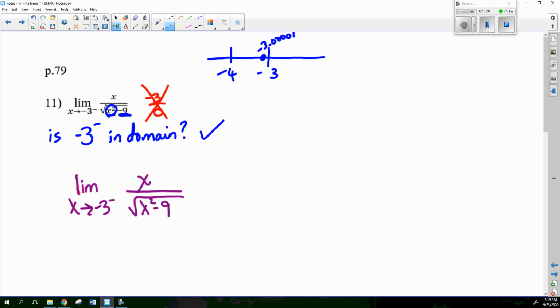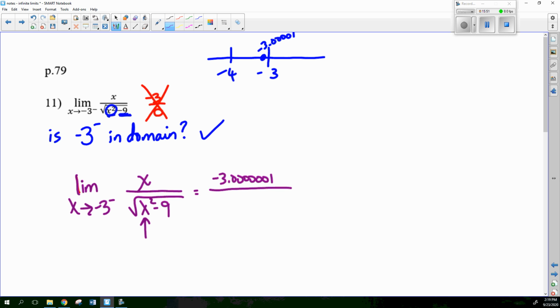Remember, we are going to plug in something a little bit to the left of -3. It's super tiny and close to -3, so you could actually just put -3 on top and you'd be fine. But on the bottom, if you plug in that -3.000001 and square it, it'll be a little bit bigger than 9.